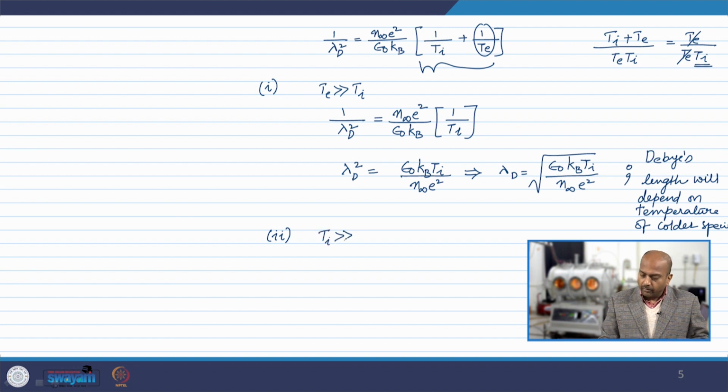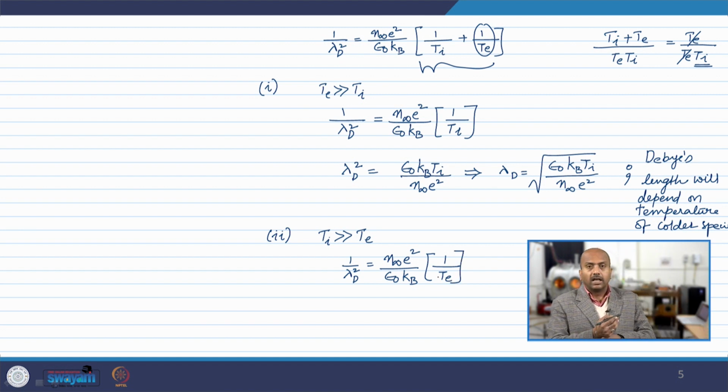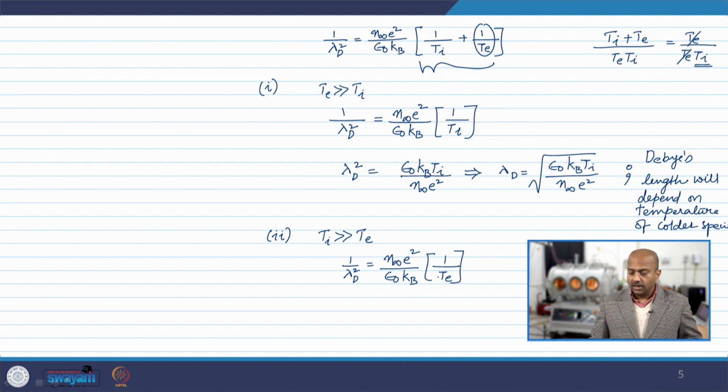Exactly when you do it for the case of ion temperature becoming very large in comparison to the electron temperature, the expression will reduce to something like this. 1 by lambda d square is n infinity e square by epsilon naught kb times 1 by Te. I hope you can figure out the algebra by yourself. It is not complicated after all.